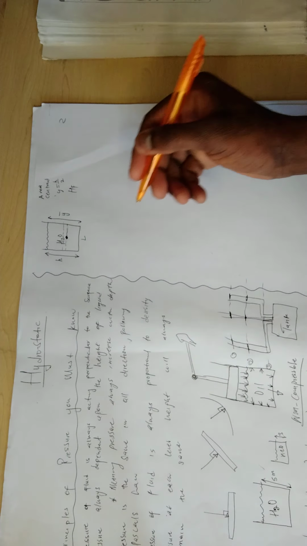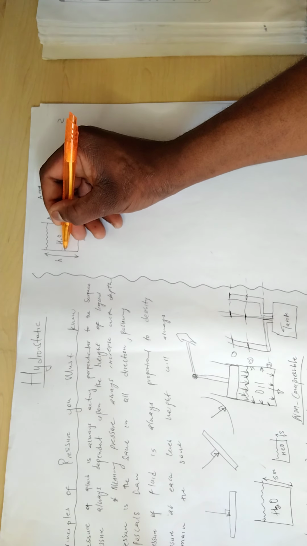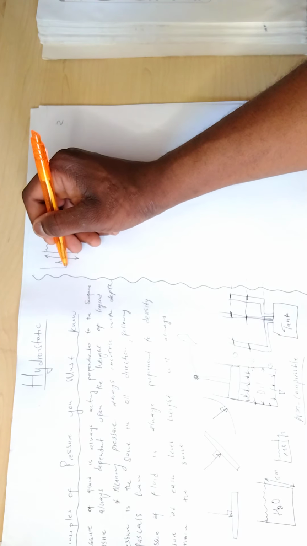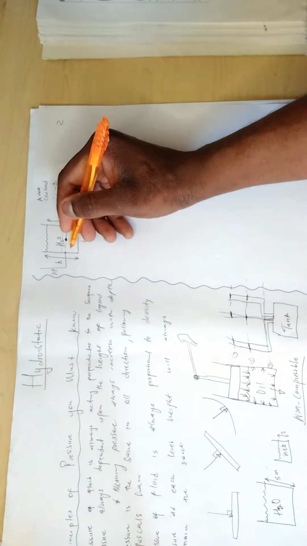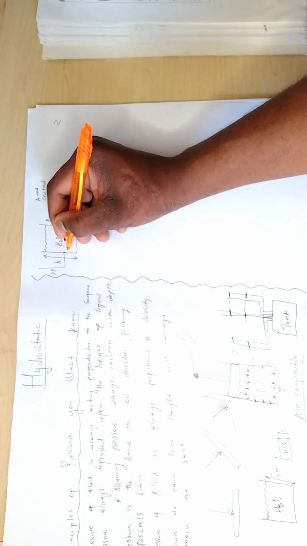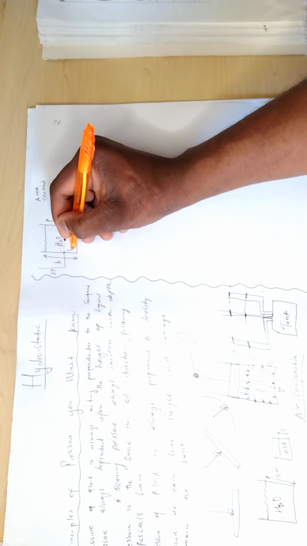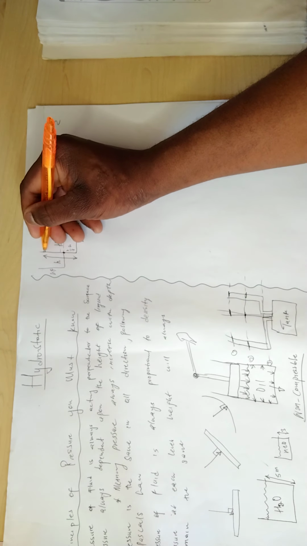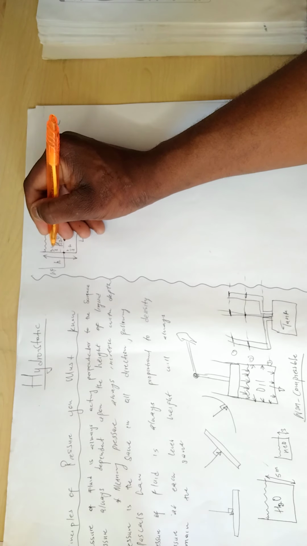If our centroid line is here at the half, it means our hydrostatic force must be below it, somewhere here, meaning from the bottom to the line of hydrostatic force we're going to have one third of our height, and from here to the surface we're going to have 2/3 of our height.